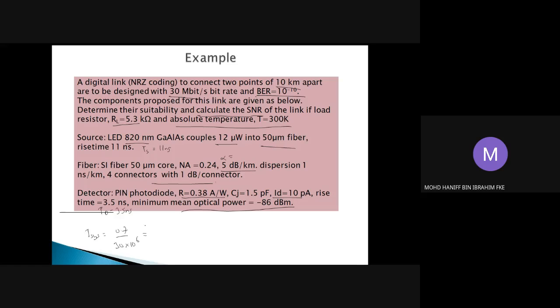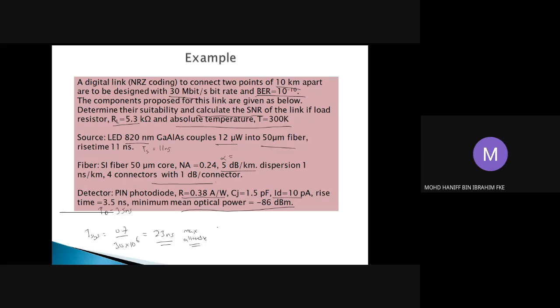If we proceed, the rise time value will be 23 nanoseconds. So that should be the maximum allowable rise time. It means that your calculated rise time shall be smaller than this 23 nanoseconds.